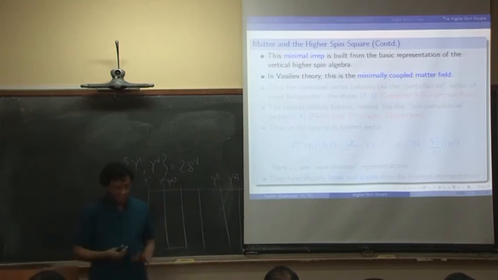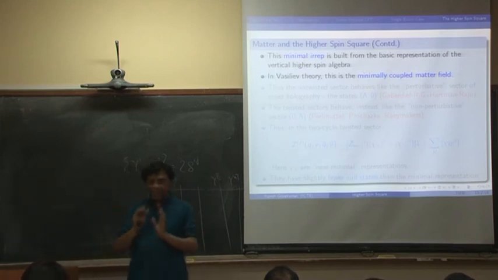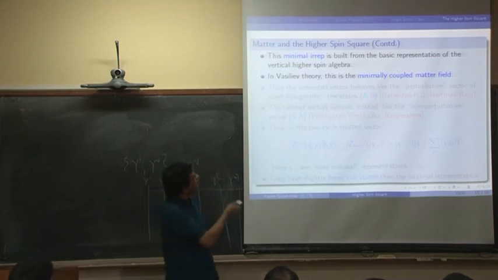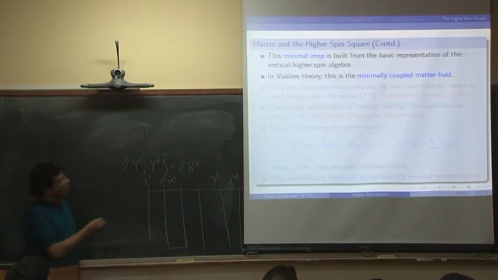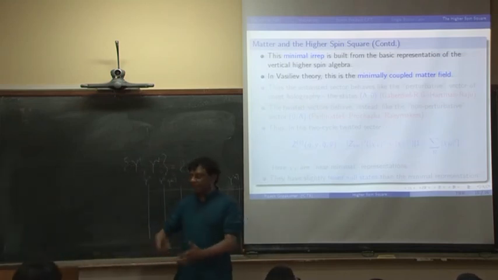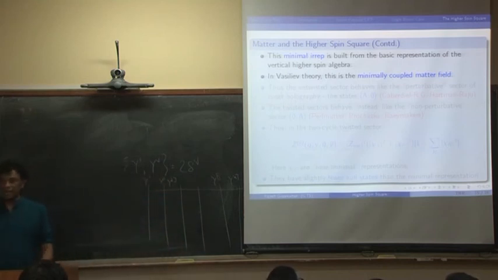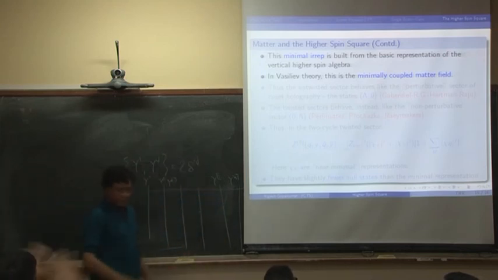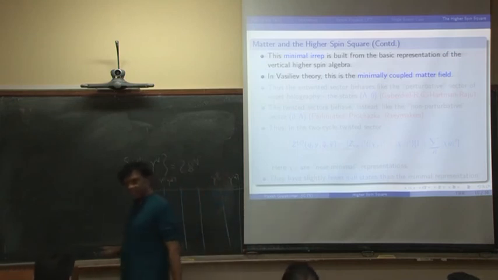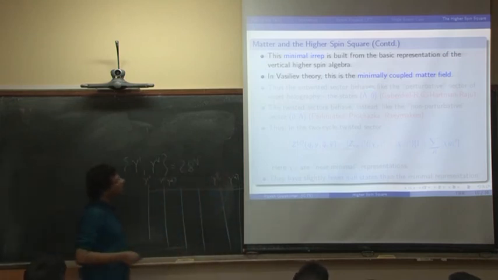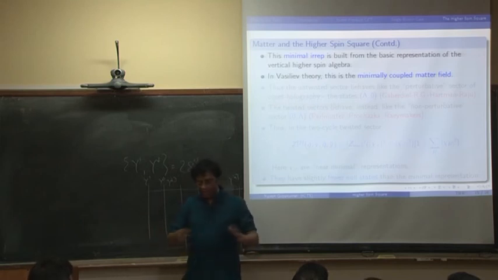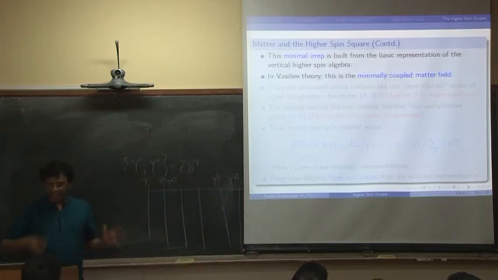And that matter field is in a very specific representation of the higher spin algebra. If you view this from the language of the vertical higher spin algebra, this is built from that representation. It's probably very stupid, but naively you would expect that a single representation of the full algebra decomposes into infinitely many representations of this. It's a little bit counterintuitive, but it is actually a representation of the full thing.